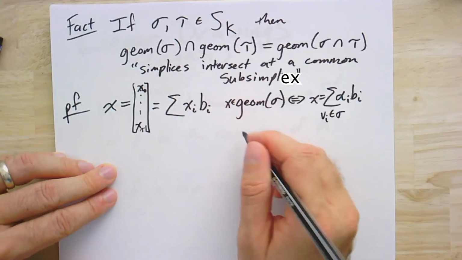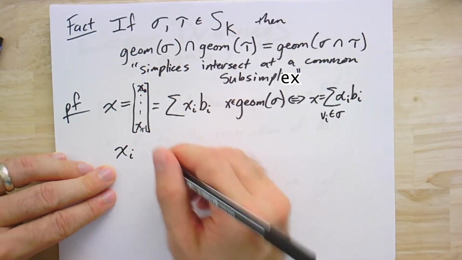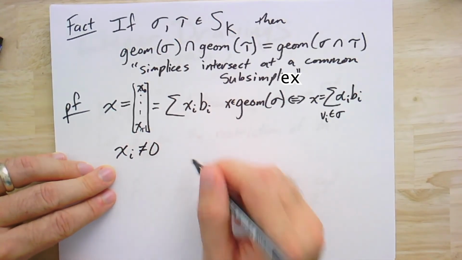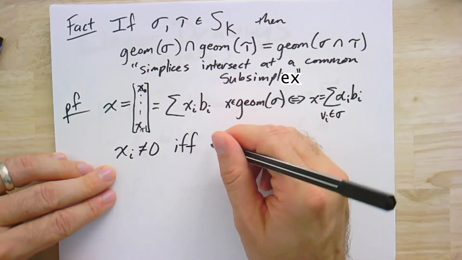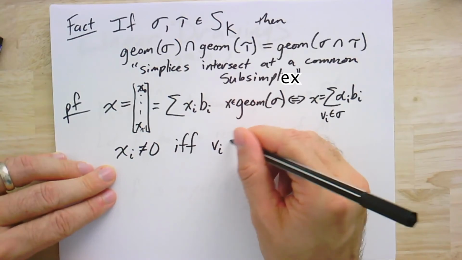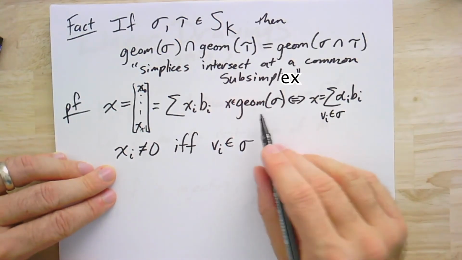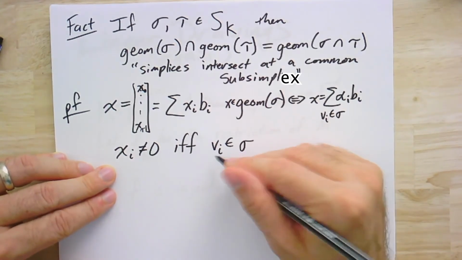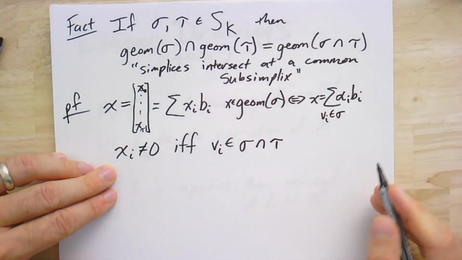And so in fact what it means is that the coefficient xi is going to be non-zero if and only if vi is in sigma. And as the same thing holds for tau, it means that vi also has to be in tau.